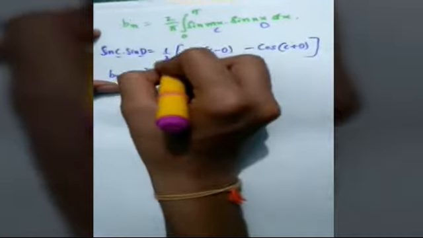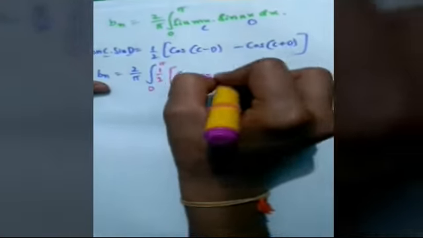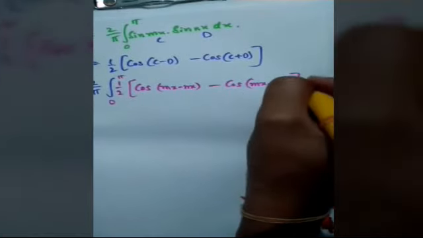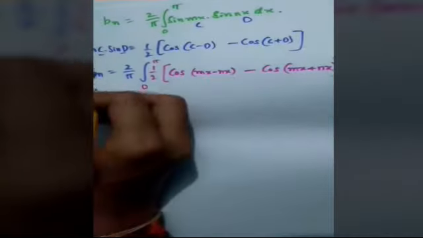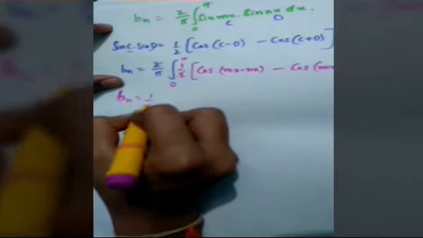If you observe this formula, now bn is equal to 2 by pi integral from 0 to pi 1 by 2 times cos of mx minus nx minus cos of mx plus nx dx.